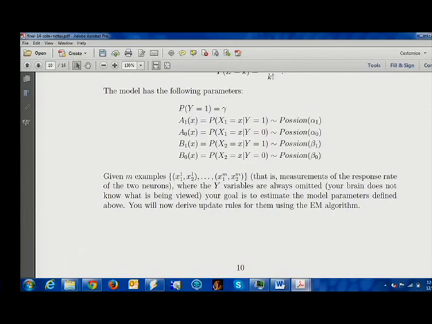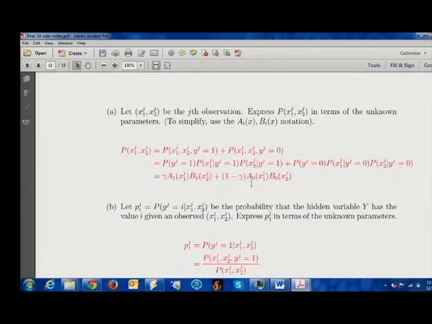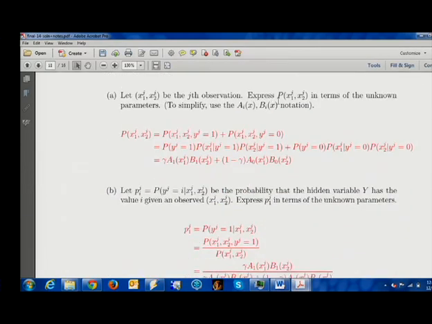The first step is always to think about P of x, the probability of the observations, where we omit the y. As a way to compute it, we marginalize. So the probability of x1, x2 is the probability of x1, x2 and y being 1, plus the probability when it's 0. Nothing new here, hopefully.